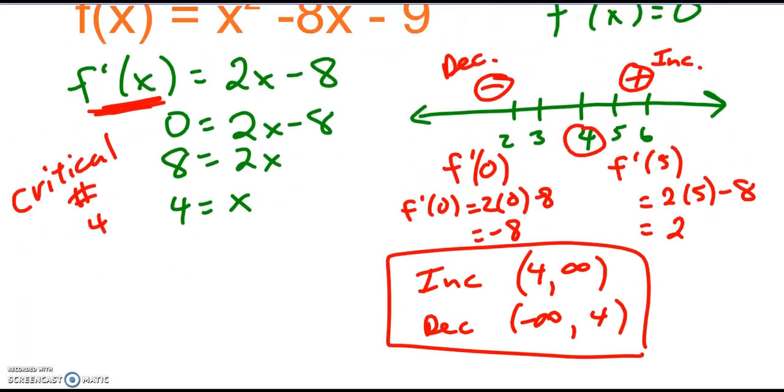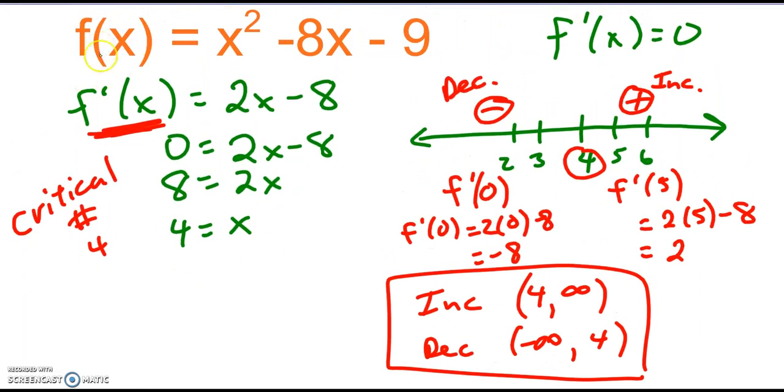And hopefully this makes sense, because if you graph the original function, I'm just going to put a brief sketch of it up on the side here. It is a parabola. It's x squared, and the leading coefficient's positive, so it's opening up. We know the critical value is at 4, so I know somewhere over here at 4, I have the vertex of the parabola. So again, this is going to be at the value of 4 right there, where I have my critical value.